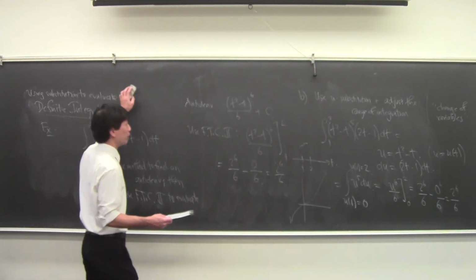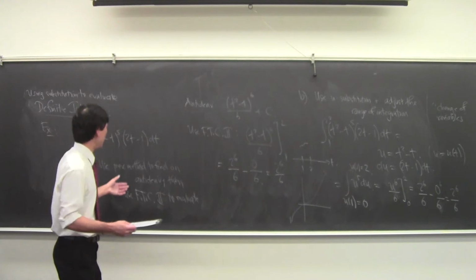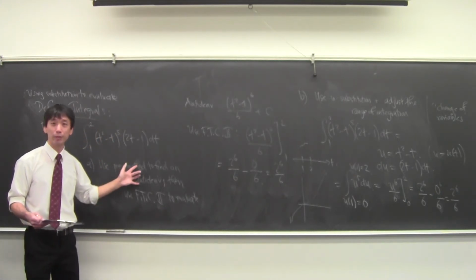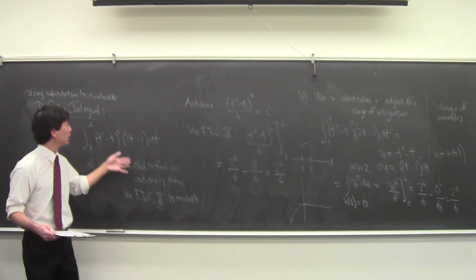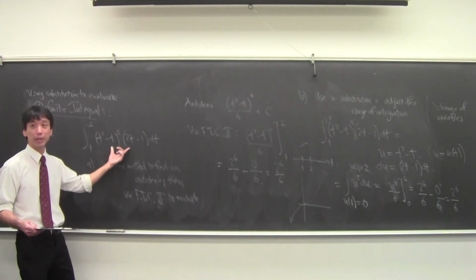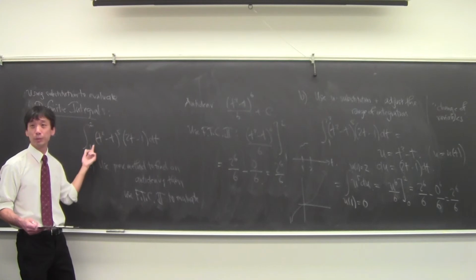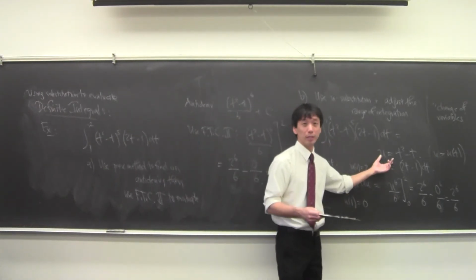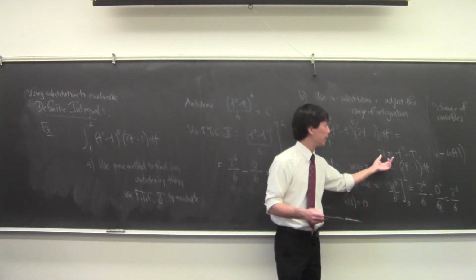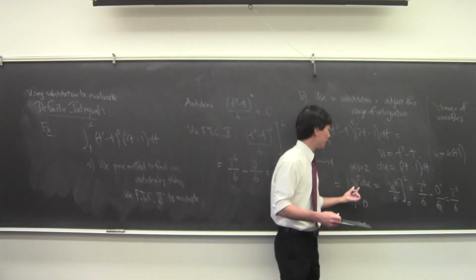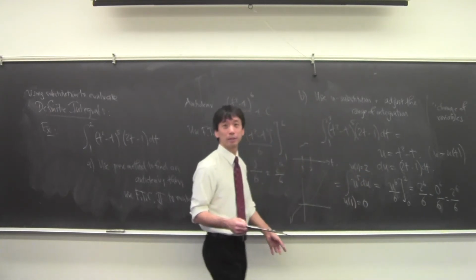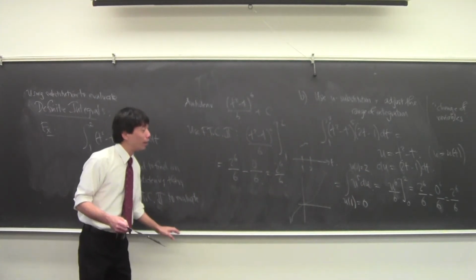So the first way is to find the antiderivative using the u-substitution, and then switch back to the original variable and evaluate between the original bounds. Or you go all the way and switch over into the other variable completely, and say, okay, I've got this new variable and I'm integrating it between these new bounds, 0 and 2. Is there a preferred time to use one or the other?